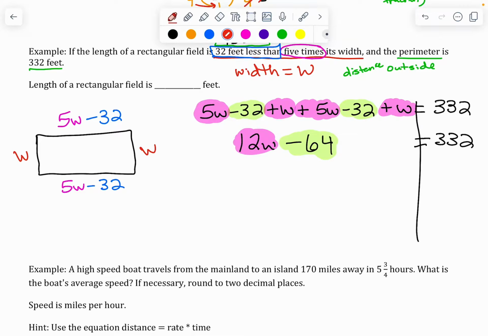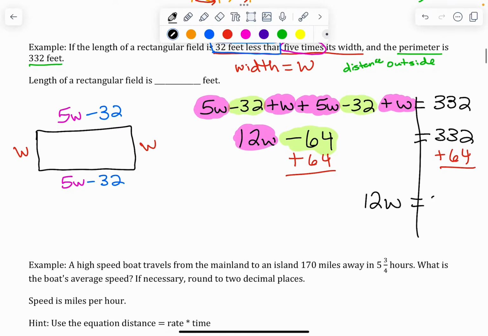So now we can work on getting W by itself. So we're going to add 64, and then divide by 12. And we get W equals 33 feet.